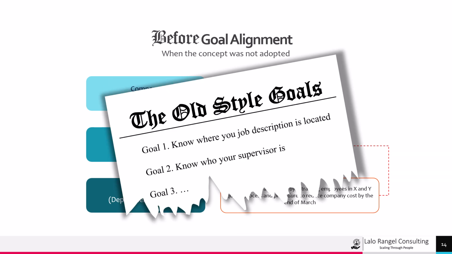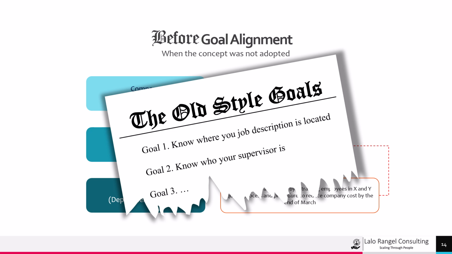This is a real case, a real life experience example in which I was helping a company that did have a performance management process in place, but they did not have the goal alignment concept embedded into this performance management process, and more specifically in the goal setting process.